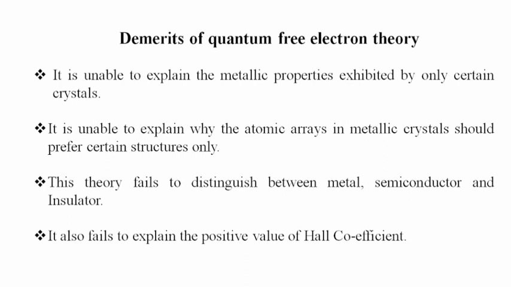So that is why using this theory we can't explain the metallic properties exhibited by only certain crystals, and it is unable to explain why the atomic arrays in metallic crystals should prefer certain structures only. And this theory fails to distinguish between metal, semiconductor and insulator, and it also fails to explain the positive value of Hall coefficient in the Hall effect experiment.